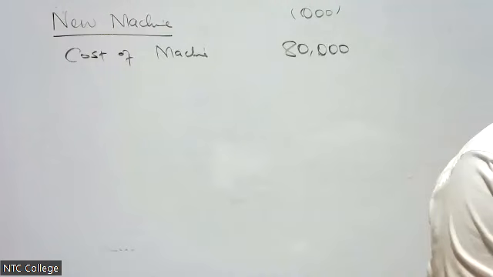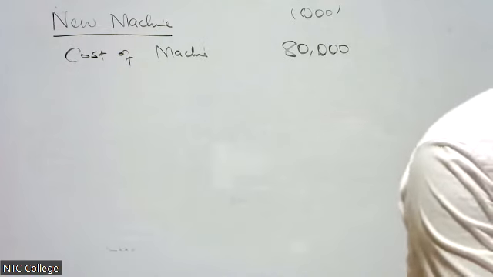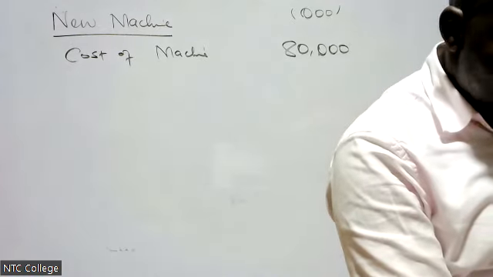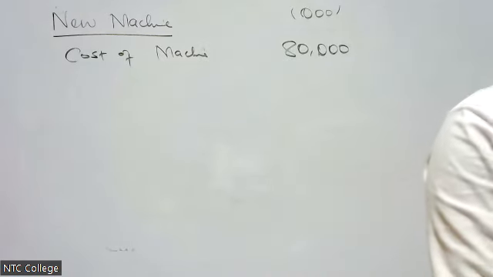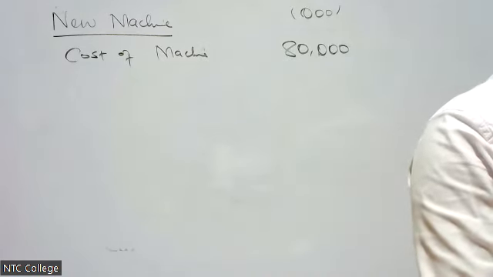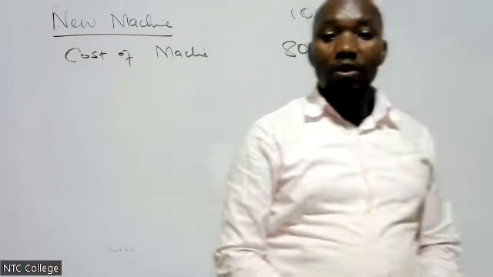Then we are told that with the introduction of the new machine, the sales are expected to increase by 25 million per annum over the next 5 years. That is the total revenue. Every year, the contribution margin is expected to be 40%. Do we know contribution margin?